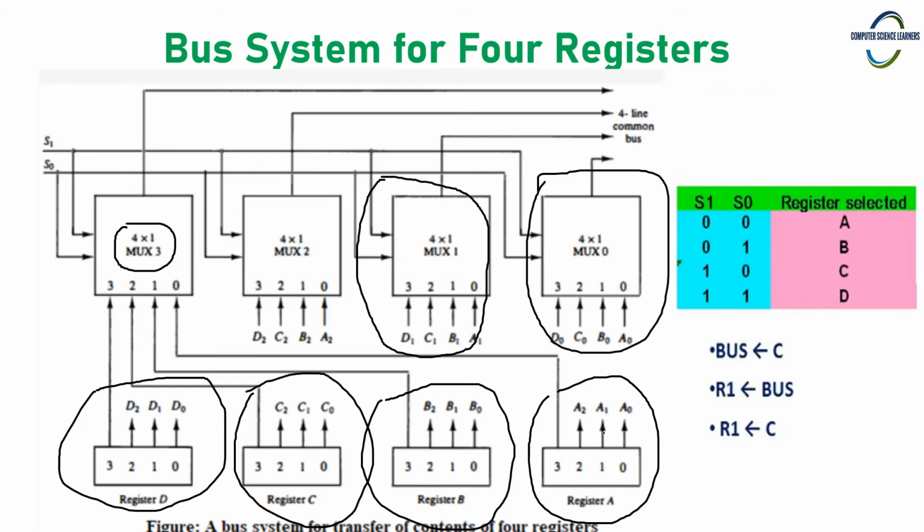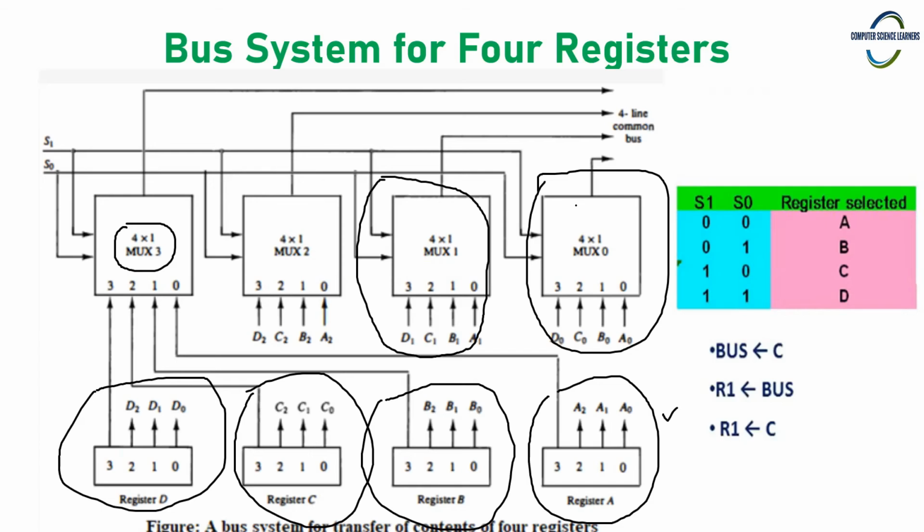As we can see here, we have 4 bits, and suppose I want the data of register A to be transferred with the help of the common bus. One multiplexer gives me 1 bit, so how many multiplexers I'll be using depends on the size of the register. That is the number of multiplexers, which is equal to the size of the register.